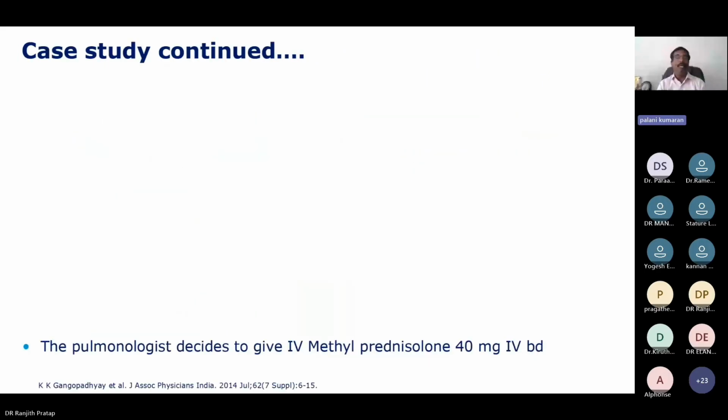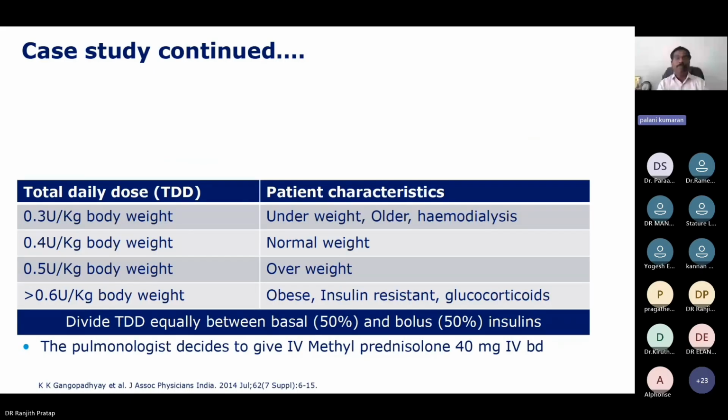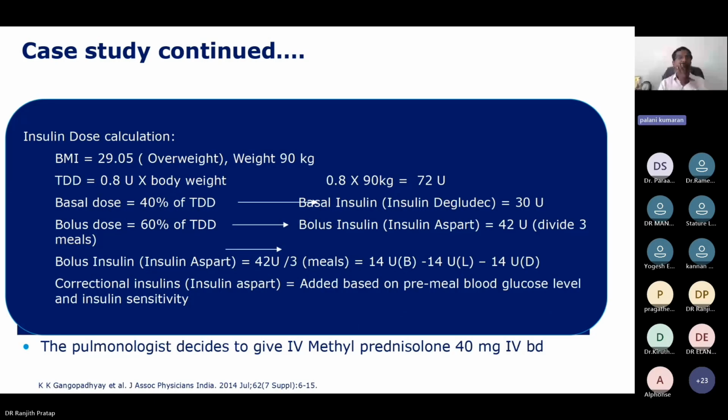With this clinical scenario, the patient requirement would be around 0.6 units per kg per day. Keeping 90 kg in mind, because the patient is overweight and is also being put on steroids, we take 0.8 into body weight, roughly about 72 units.